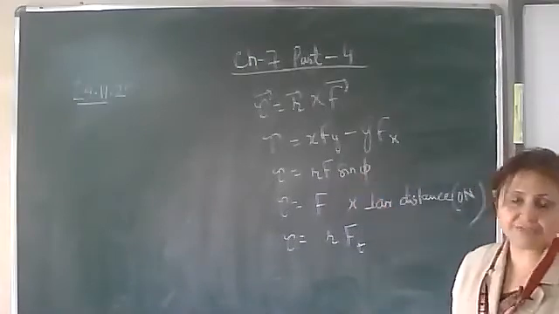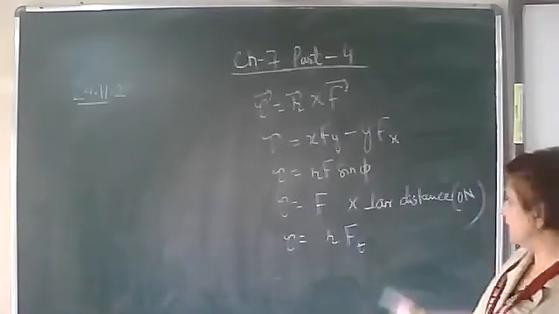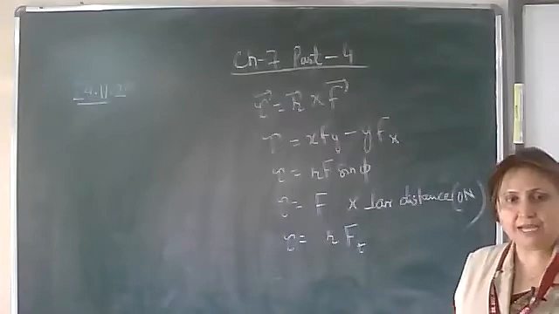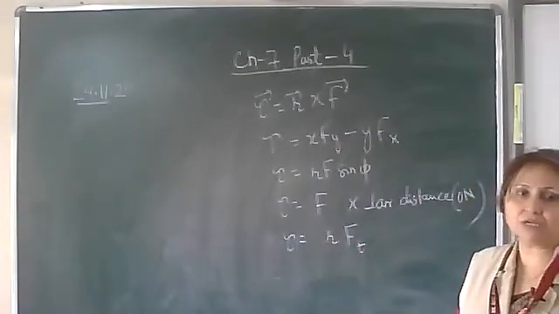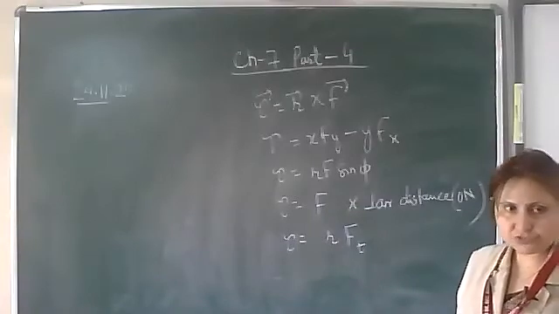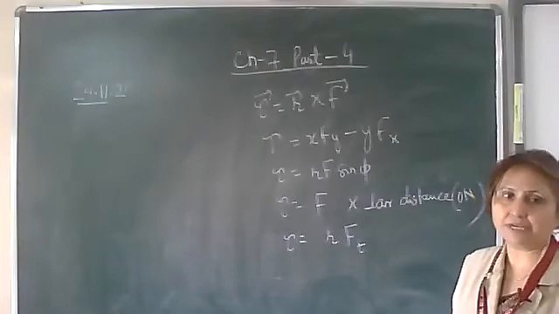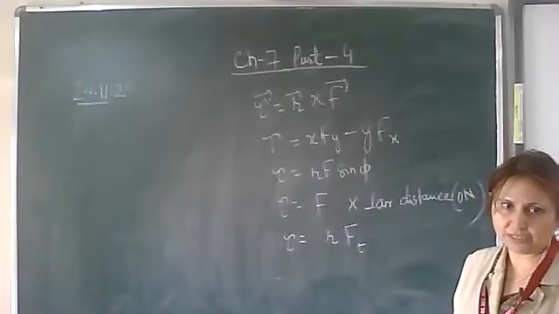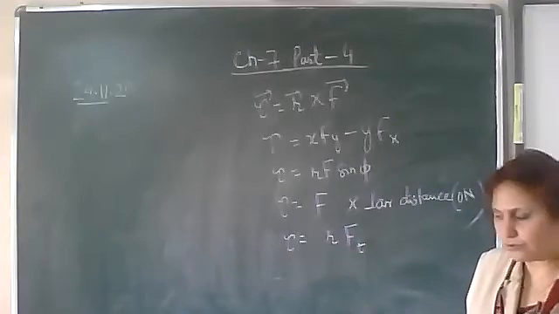This r sine phi is the perpendicular distance ON from the axis of rotation. Also tau is equal to r into the transverse component of the force. Due to the radial component, there is no torque on the body. So torque is only due to the transverse component of the force.